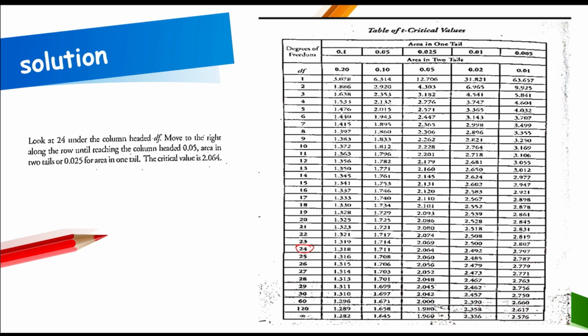Move to the right along the row until reaching the column headed 0.05, 0.05 area in 2 tails or 0.025 for area in 1 tail. The critical value now is 2.064.